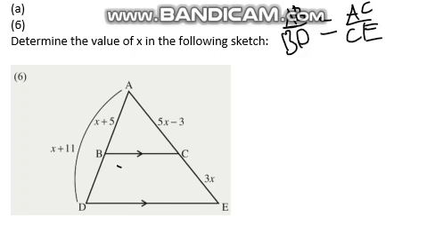Okay, now we've got AB, which is equal to x plus 5 over BD.